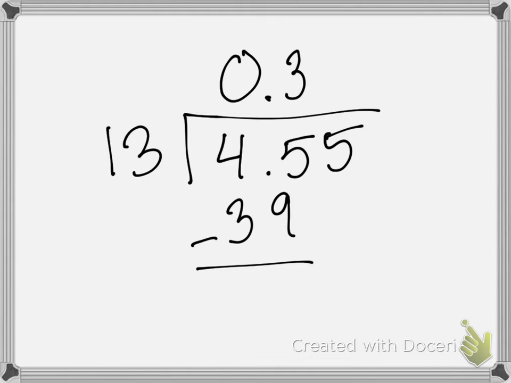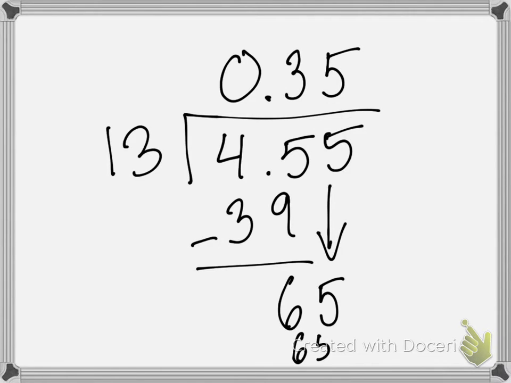What's 45 minus 39? 6. We bring down our 5. How many times does 13 go into 65? 5 times. And what is that equal to? 65. Awesome, we got our 0. So our answer is 35 cents.